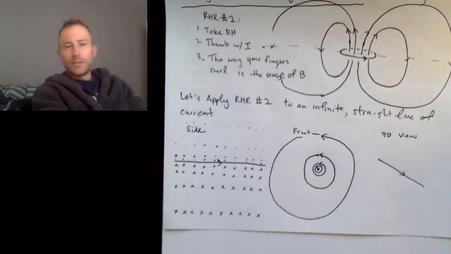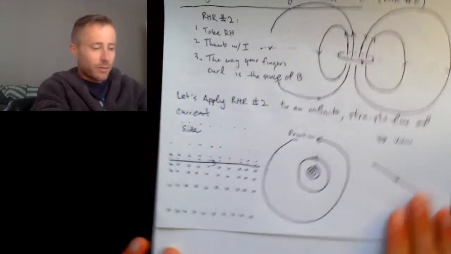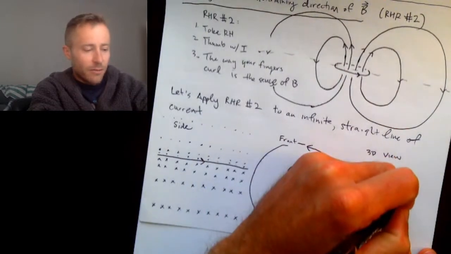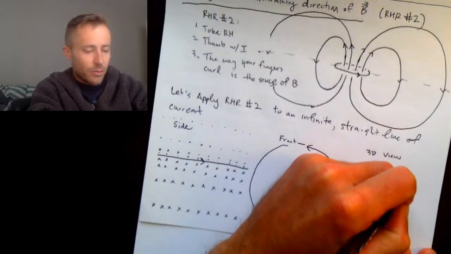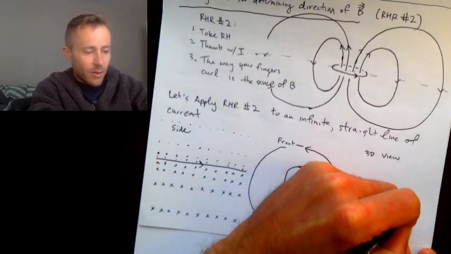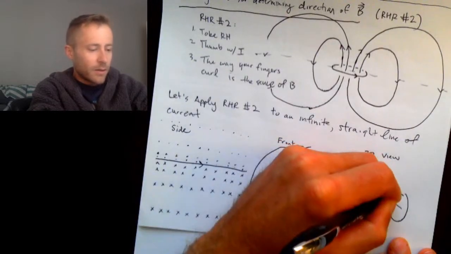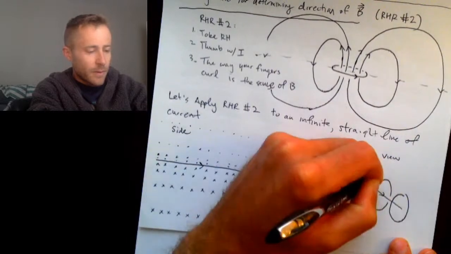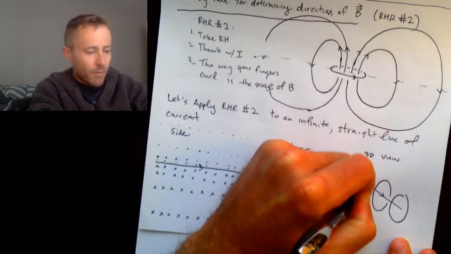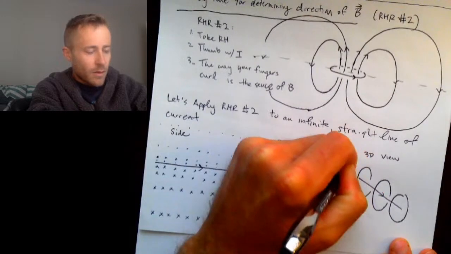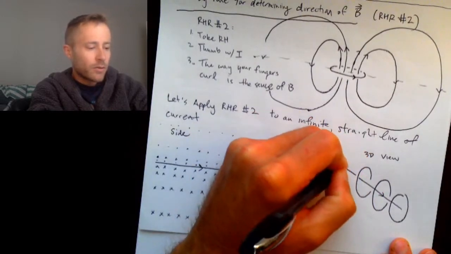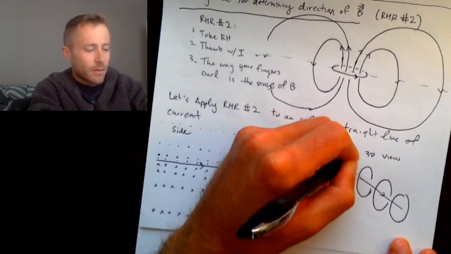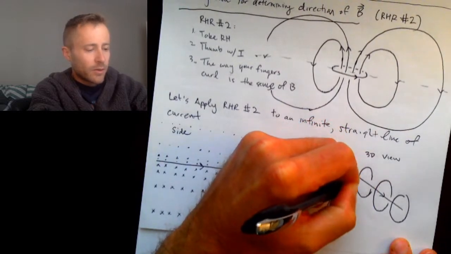If we were to think about this from a 3D perspective, here's the current. The magnetic field lines are looping around it. Okay. Draw some more. Like so.